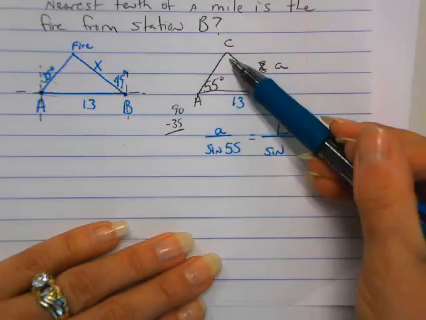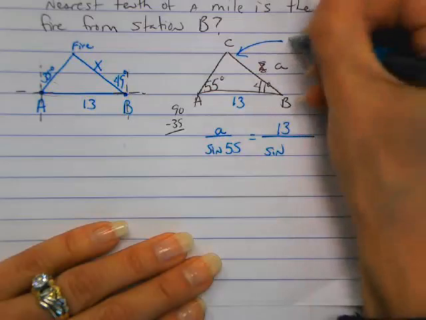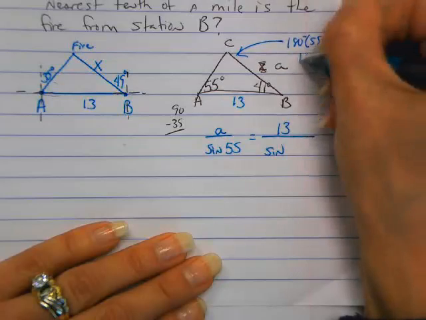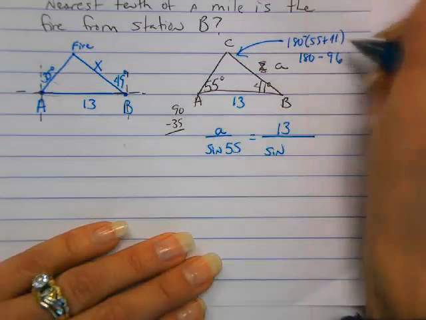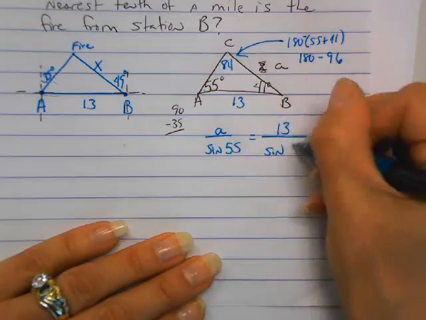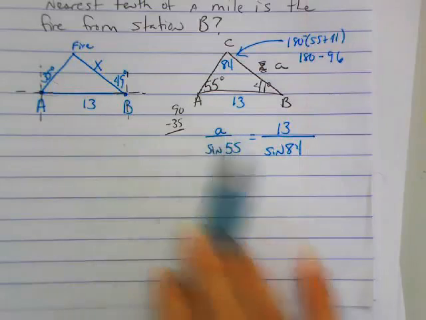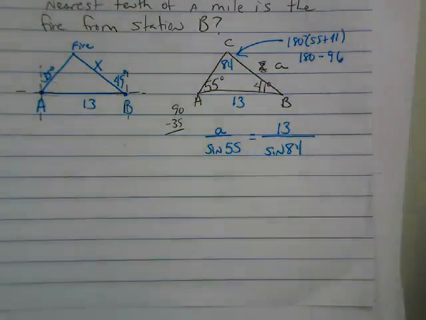Yes, I do, because isn't C part of a triangle? So can't I do 180 minus 55 and 41? So 180 minus that 96 gives me 84 degrees. Now, if it truly can be done with law of sines, you're going to only have one missing item. So you're going to grab your calculator and use law of sines.